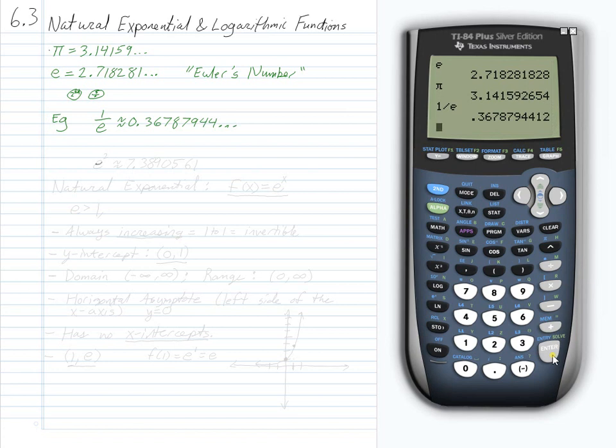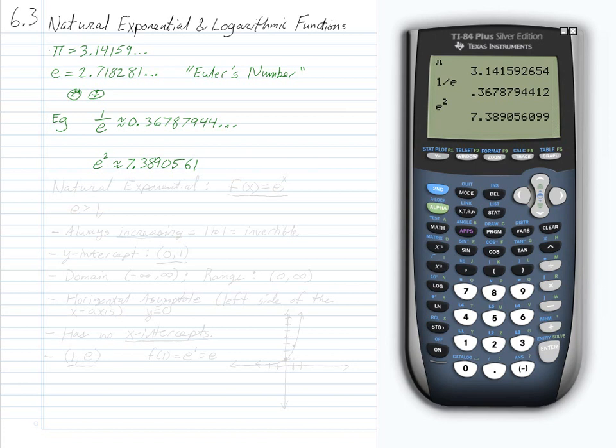Similarly, we could calculate the value of e squared by typing e and raising it to the second power. I find that this is approximately 7.389056 if we want to round to 7 decimal places.